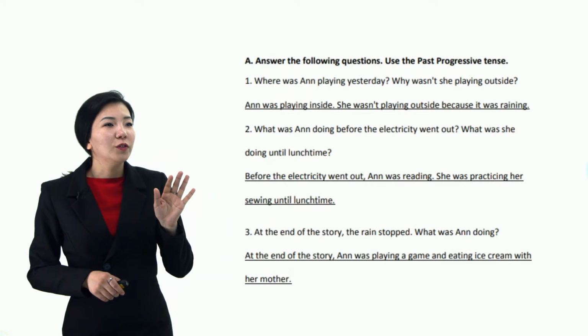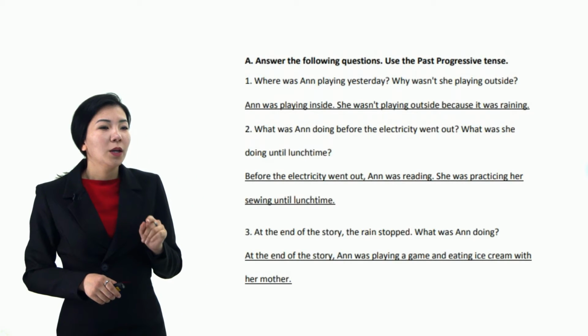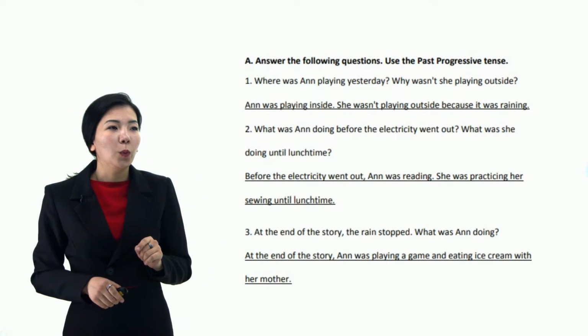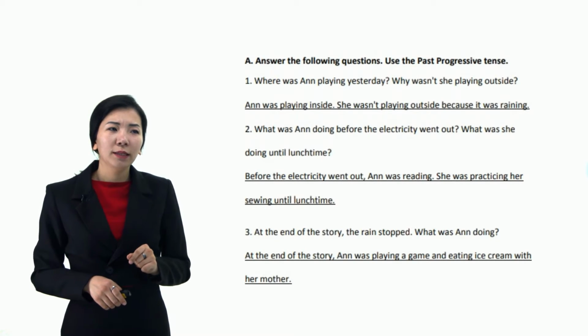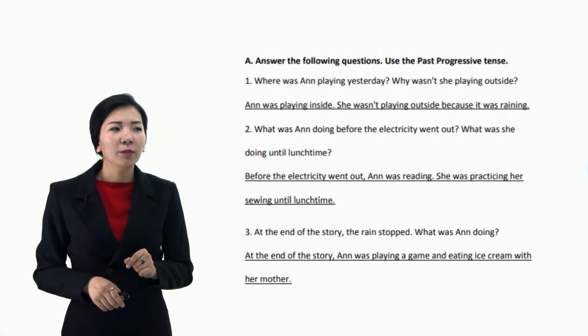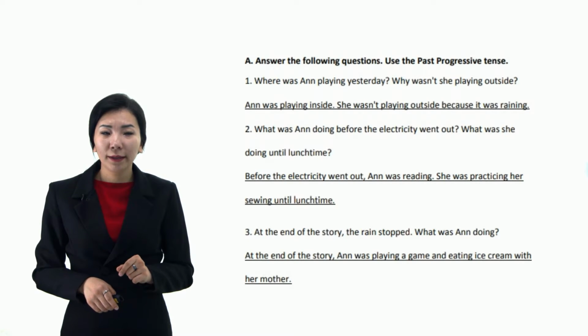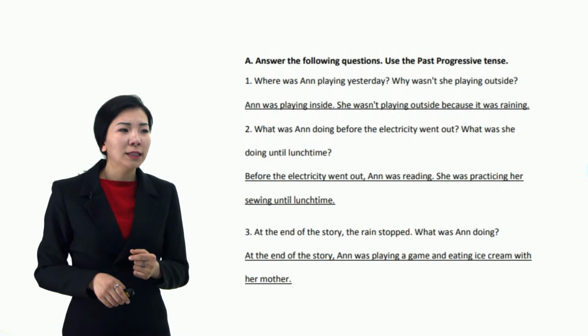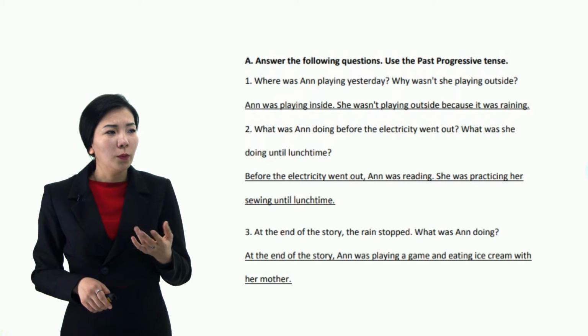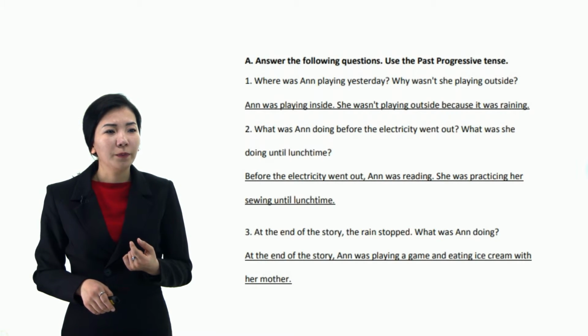Okay, the answer for the first question, the following. Where was Anne playing yesterday? Why wasn't she playing outside? Anna was playing inside. She wasn't playing outside because it was raining, right? Okay. What was Anne doing before the electricity went out? What was she doing until lunchtime?